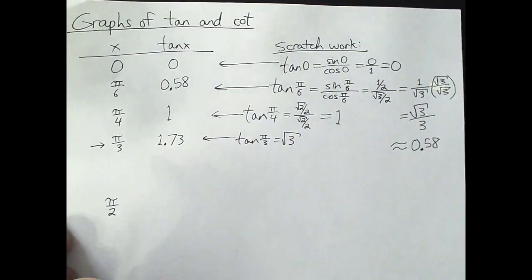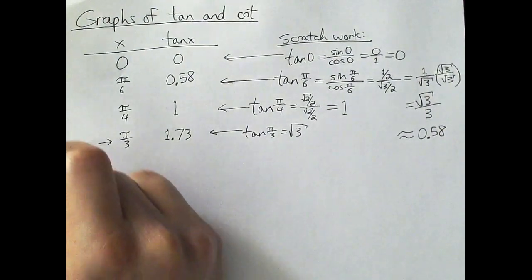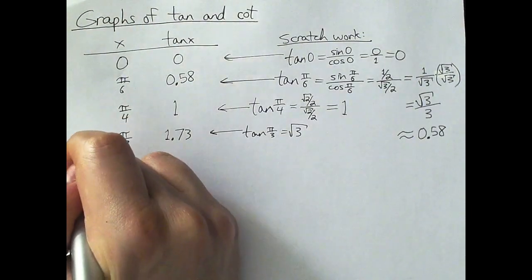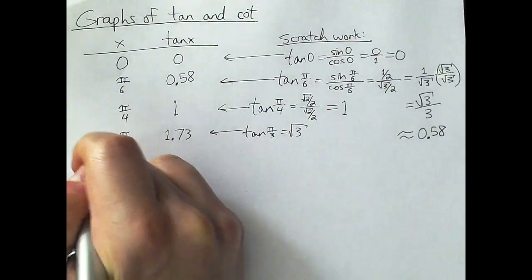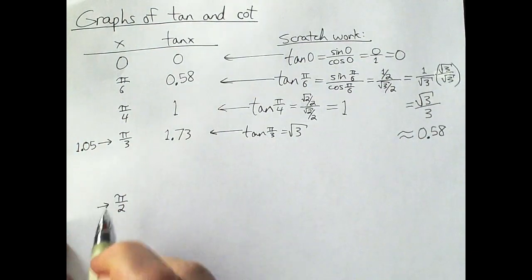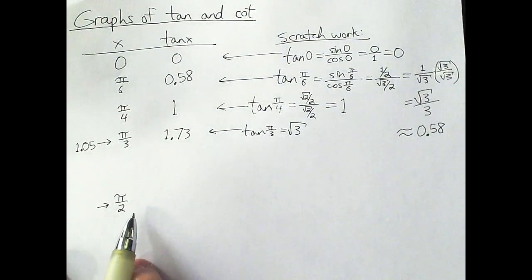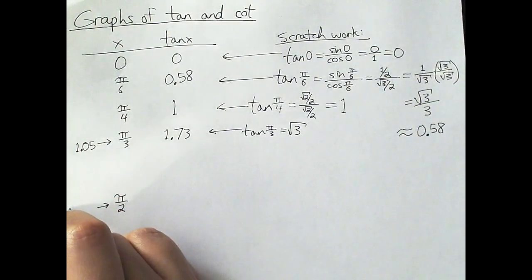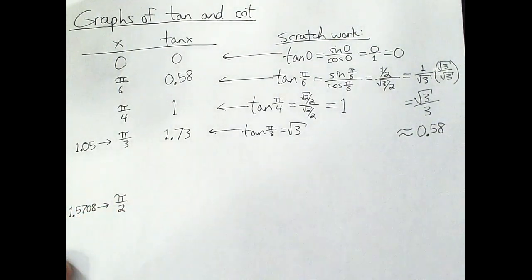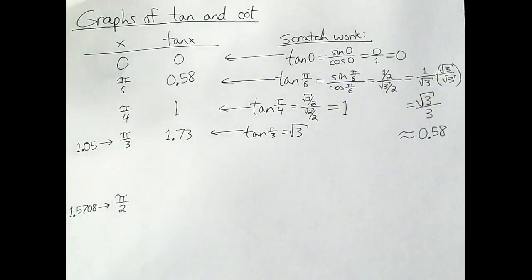Pi over 3 as a decimal is a little bit bigger than 1, right? Pi is a little bit bigger than 3. So this should be a little bit bigger than 1. It's approximately 1.05. And pi over 2, you could probably figure out in your head roughly what that is. It's approximately 1.5708. Let's keep that in mind for what we're about to do.